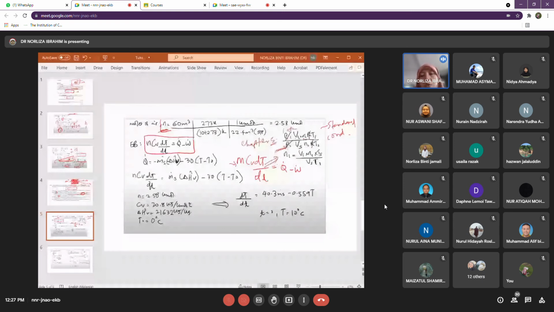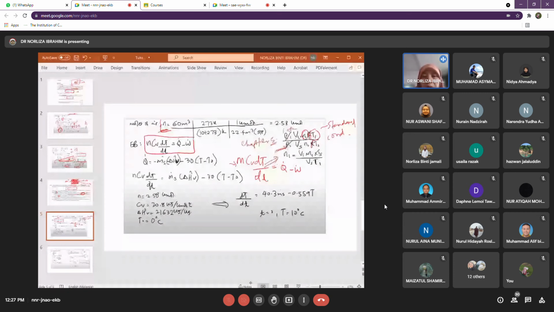V1 is the volume of air in the room. N1 is the one you're looking for. T1 is the temperature of the room. Ps is standard pressure, Vs standard volume, and Ns standard mole. R is the gas constant, so it will be the same. And Ts is the standard temperature. So to find N1, you multiply the volume with Ns, Ts divided by Vs over T1.